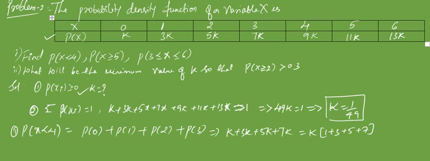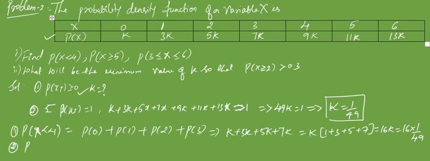When you add it up, 5, 13, so we have a total of 16k. Since we know the value of k, it is 16 by 49. So this is the value for probability of x, the random variable, less than 4.